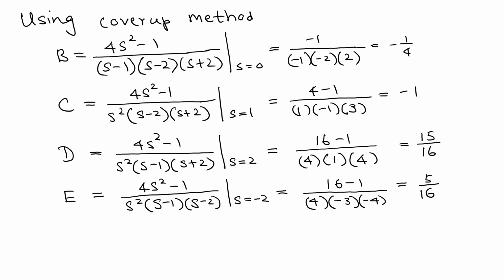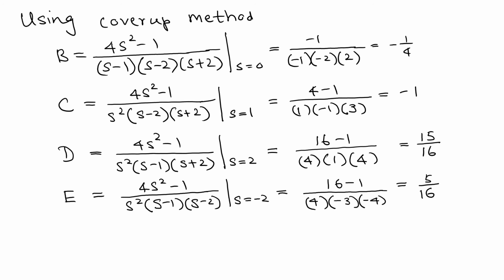And now you know that you cannot find A using this method. You cannot use the cover-up method to find A because it's a repeated factor. It is s equals 0. You can plug in s equals 0 again. So the idea is we try to get a denominator which is equal to 1 or negative 1. Because if it is a denominator 1 or negative 1, then you directly get the A value. So what we do for that, we're going to substitute s equals negative 1 into the whole equation.